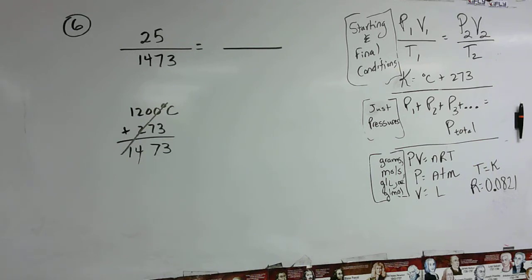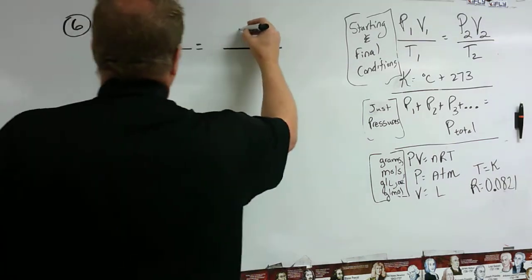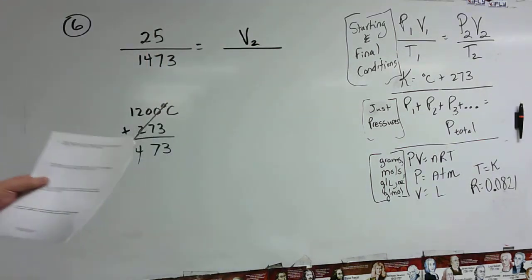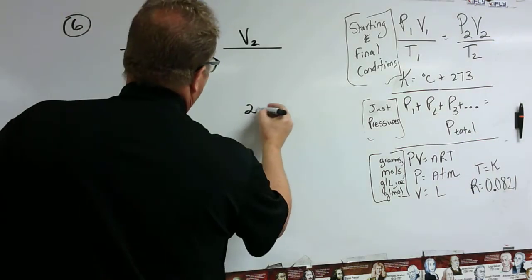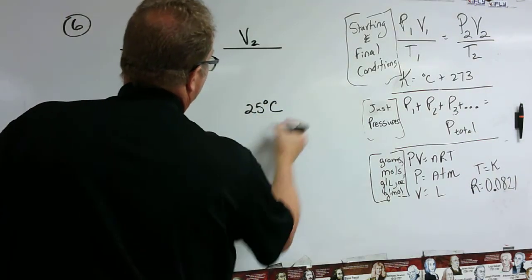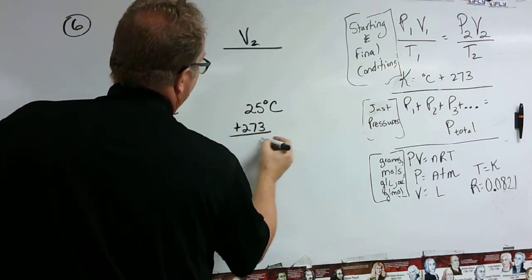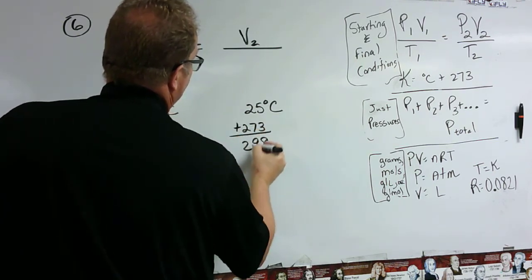Now if we go to the other side, we're going to notice that we are finding the volume. So that'd be V2. And then my temperature is going to cool to 25 degrees Celsius. And again, we have to add 273 to change it to Kelvin.